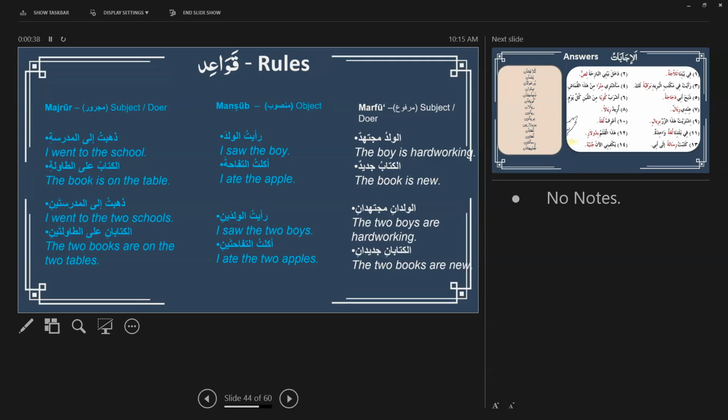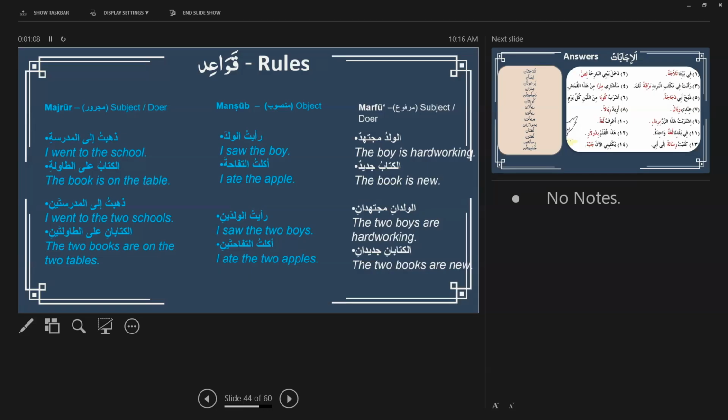Because the sentence is marfu, the dual for al-waladu mujtahidun will be al-waladani mujtahidani, the two boys are hardworking. Same thing, al-kitabani jadidani, the two books are new.